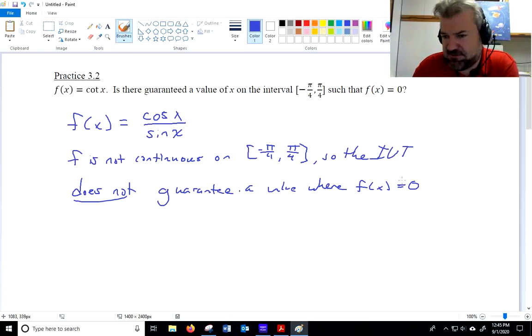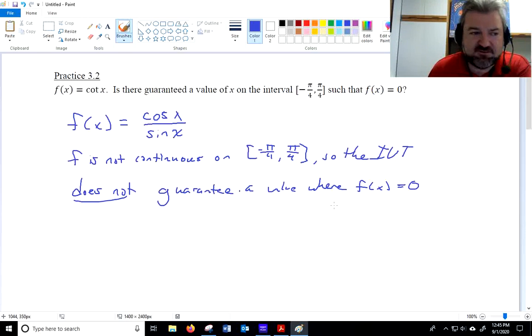If I picture cotangent, I'm pretty sure it doesn't, actually. But the IVT is not about saying that a value doesn't happen. It's about saying when we know that it must. And in this case, I do not know. I do not have any information. I could use algebra to try and figure out the answer to that question, but the IVT does not answer it. So it just simply doesn't apply.